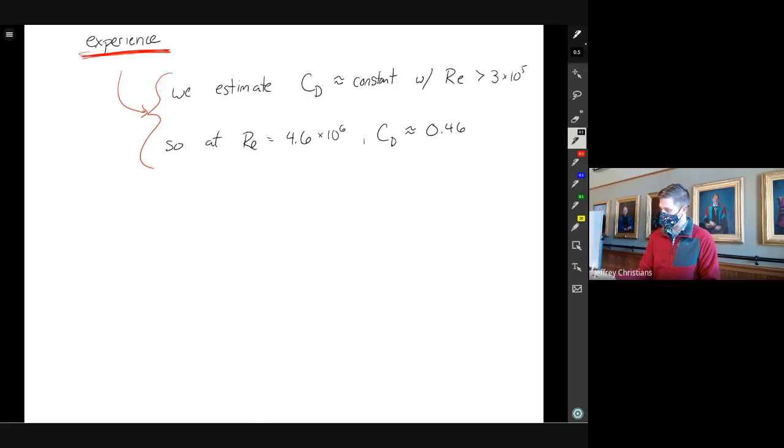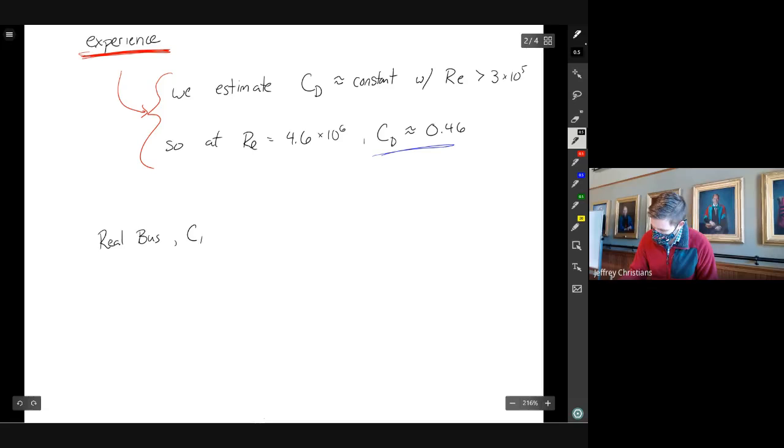Okay, but if we can make this leap in this case, just to show you, we can then take this data. If we now have an estimate of the drag coefficient, we can say for our real bus, we expect the drag coefficient to be about 0.46, which equals F drag over 1/2 rho V squared A, which is equal to F drag over 1/2.